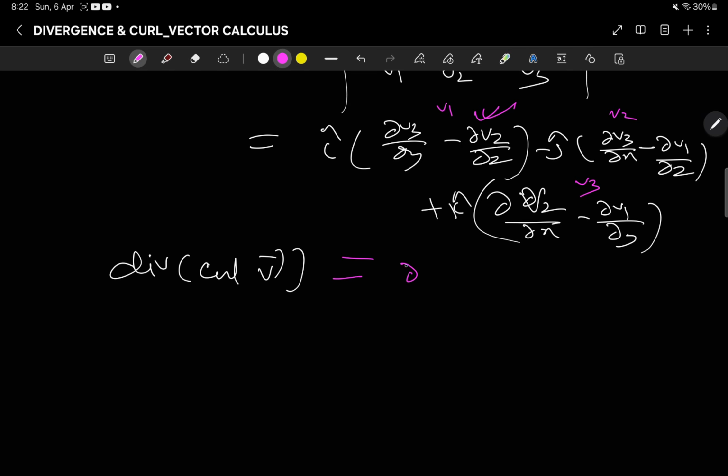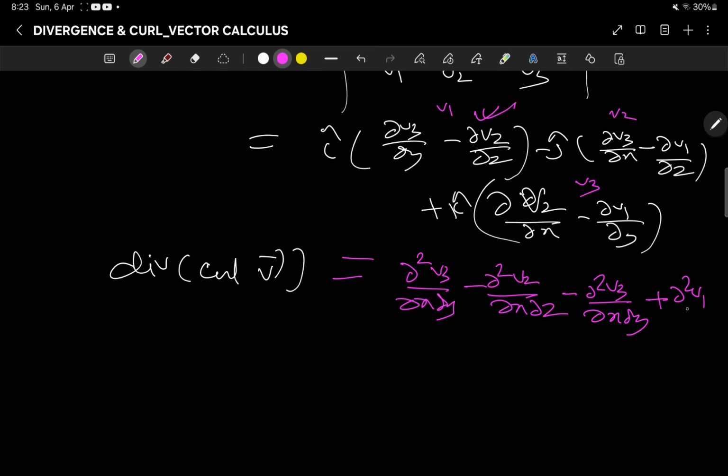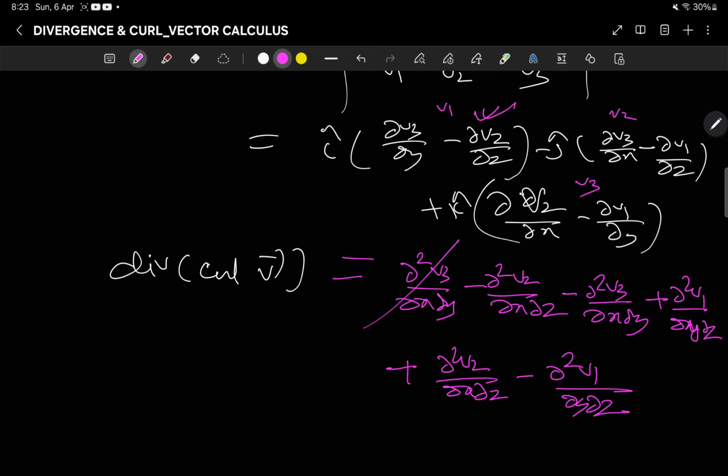So this is equal to del square v3 by del x del y minus del square v2 by del x del z minus del square v3 by del x del y plus del square v1 by del y del z plus del square v2 by del x del z minus del square v1 by del y del z. Now it is pairwise cancelled here, v3, v3, v2, v2, v1, v1. So this is equal to 0.